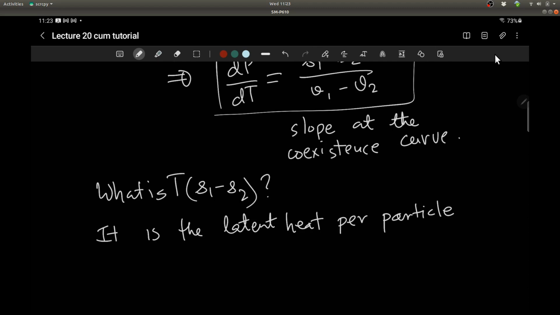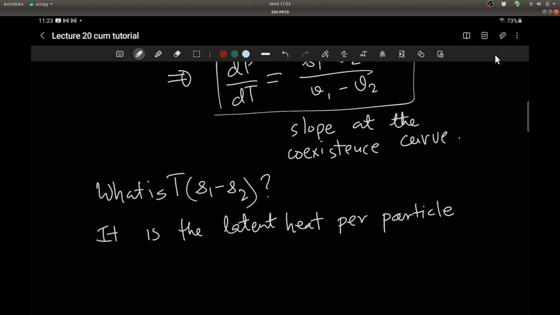It is proportional to that, and it depends on the sign. Is this clear? T delta S is delta Q. So if you want water to go to steam, you need to supply that latent heat, right? Is that clear?